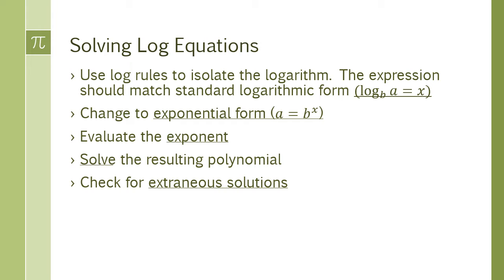And the way you check for extraneous solutions is that the argument of a logarithm must be positive. So when you're checking for extraneous solutions, what you really need to do is check that when you plug in your x value, substituting for x, it gives a positive argument.